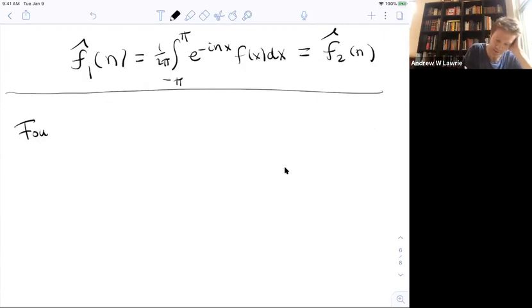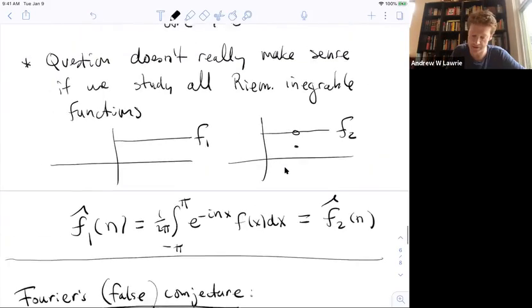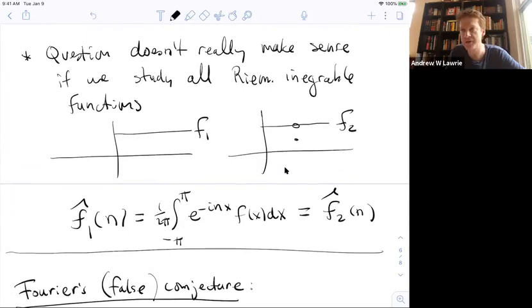Fourier's false conjecture. We're going to prove that the conjecture is false in class, but this is what Fourier thought. Fourier thought, well, points of discontinuity are really the main enemy here.